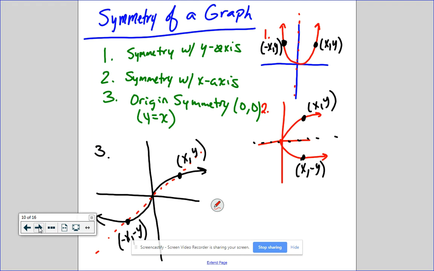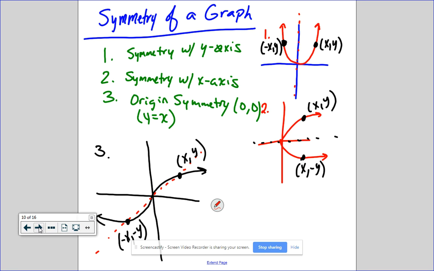So symmetry. There's 3 types of symmetry. Symmetry with the y-axis, which if you think about how you were taught to fold paper in elementary school, that would be hot dog style. Symmetry with the x-axis, that's hamburger. Symmetry with the origin is over the line y equals x.